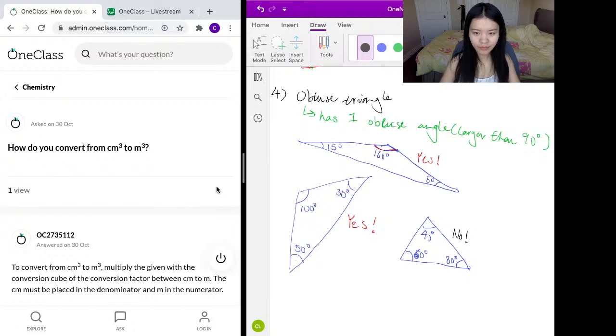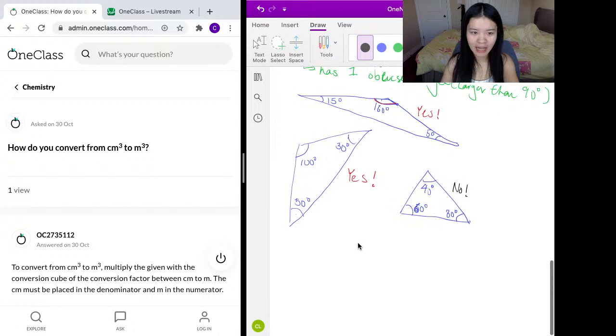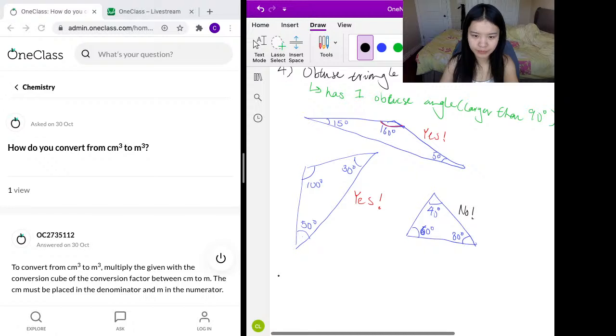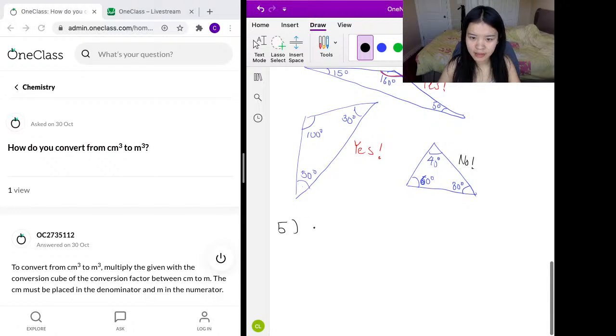Okay. So the next example is, how do you convert from centimeters cubed to meters cubed? Centimeters cubed to meters cubed.